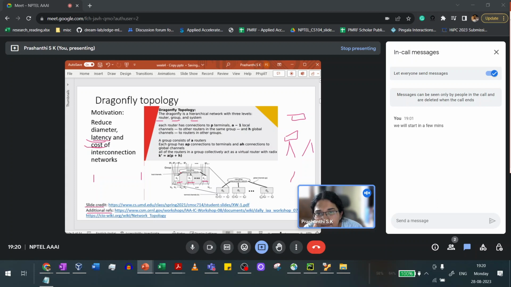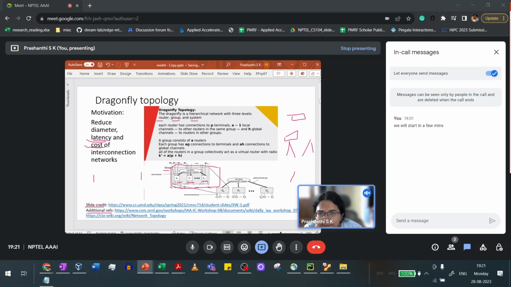You can see something called intergroup interconnection network, right? This whole square forms a group, as you can see here, and the whole thing forms a system, right? So that's the hierarchy. If you go from bottom up, it would be router, group and system. If you come from top down, it's system, group and router.